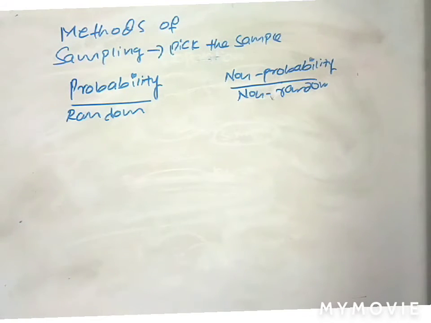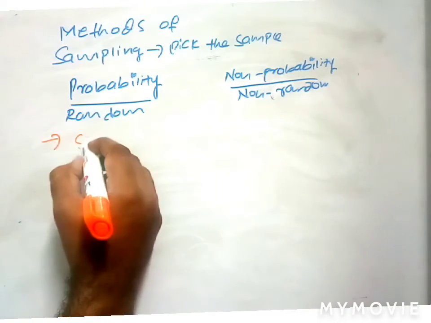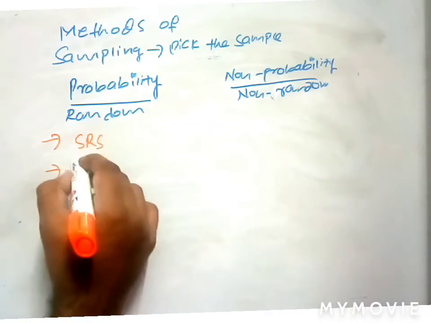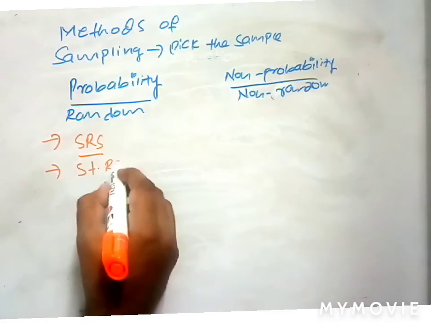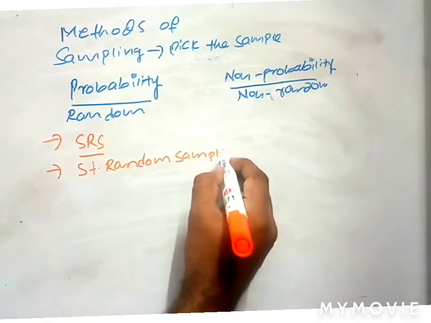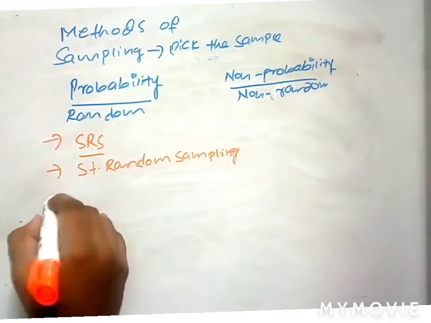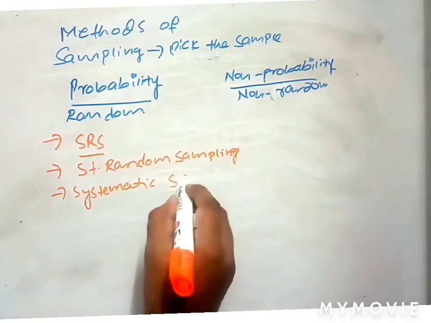When we say non-random, it is not an equal chance; there is a special judgment on particular sample respondents when we are picking a sample. So there are types here. We can say simple random sampling, that is SRS, then stratified random sampling, then systematic sampling.